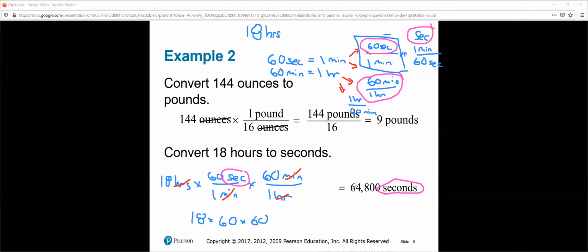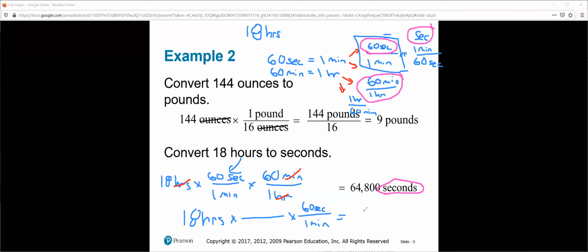I said at the beginning, I did this sort of backwards. The way I did it backwards is I placed the seconds to minutes conversion in the second row. Since I knew seconds was in my numerator, I really should have placed it at the end, meaning my equation should have looked like this one down here at the bottom, over 1 minute.